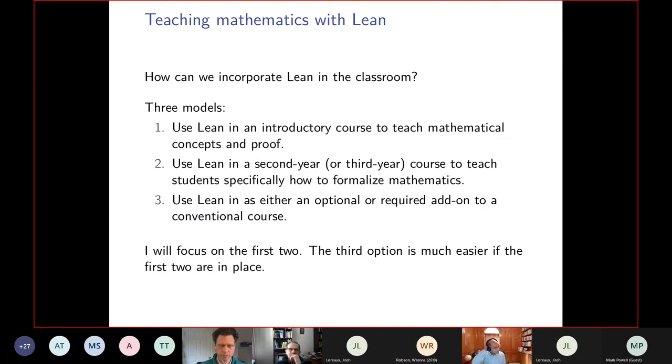Okay. So, questions as to how we can incorporate Lean in the classroom. There are lots of ways you can imagine doing it, but let me mention just three models. One is, if you're teaching an introduction to mathematics, use Lean. Lots of universities have a standard introductory course to mathematical concepts and proof.